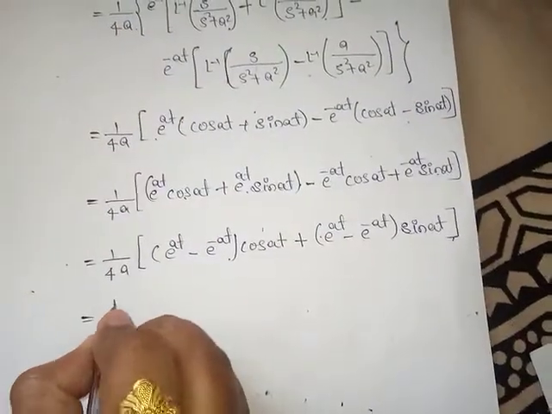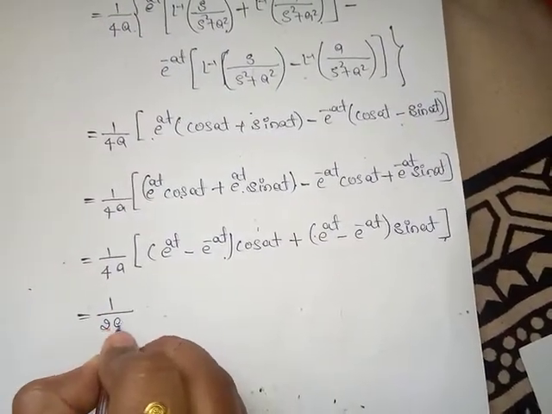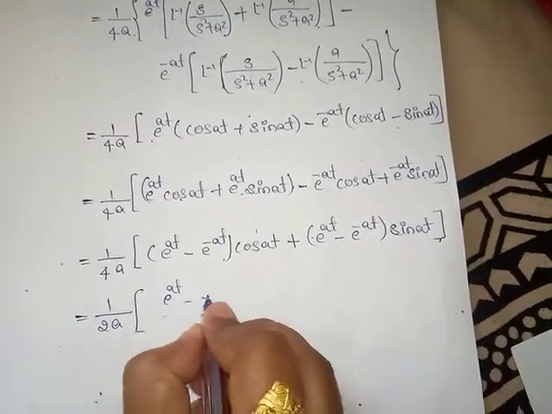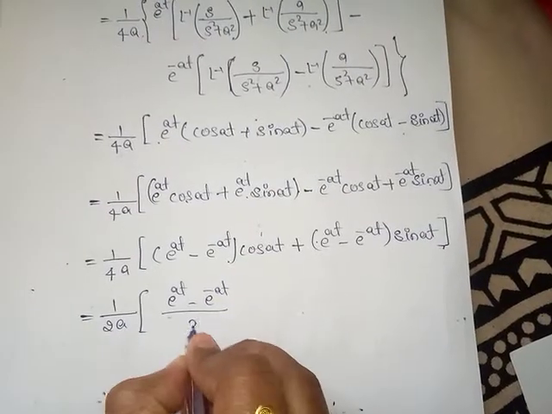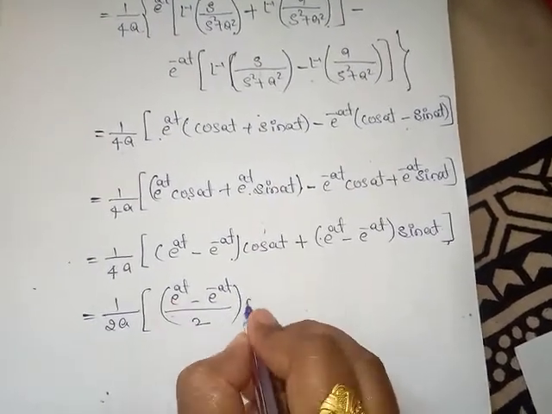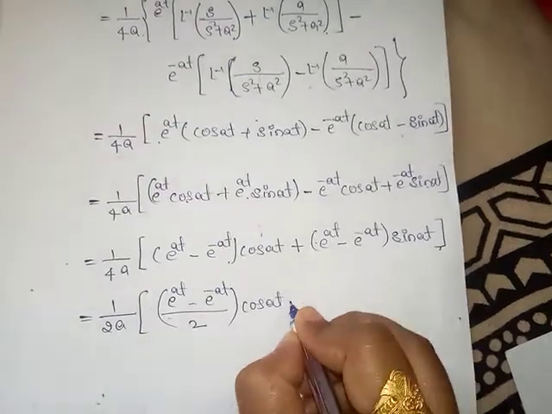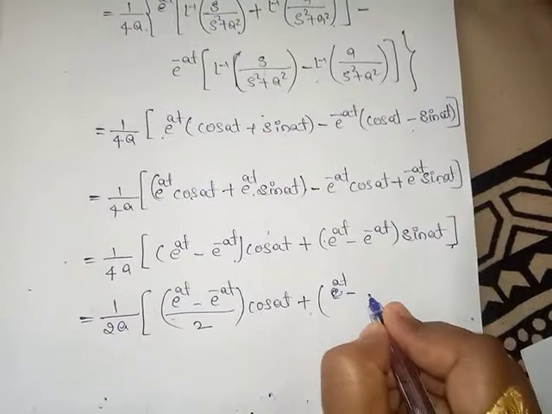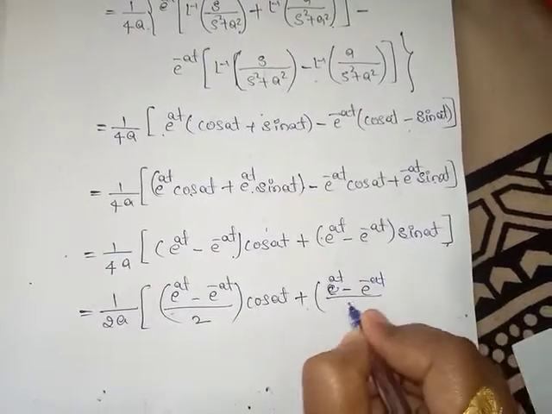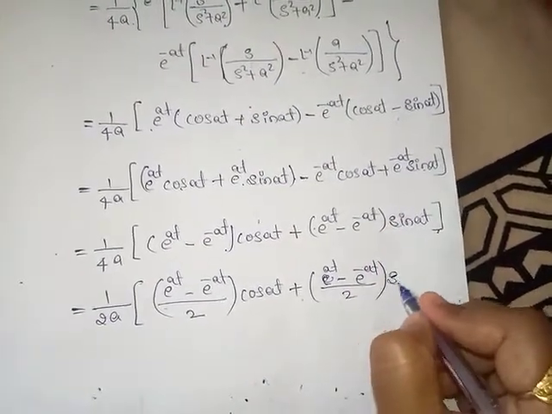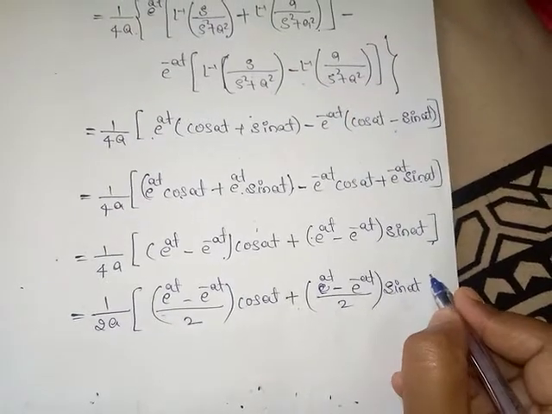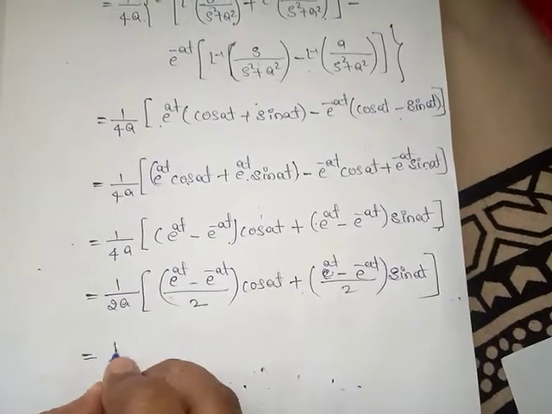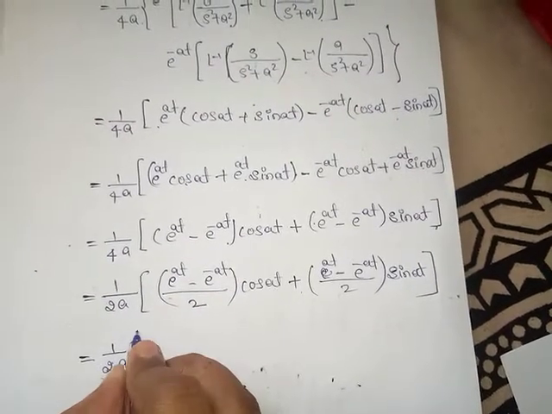Now in this 4a I will take 2 inside, it will be e raised to at minus e raised to minus at divided by 2 into cos at plus e raised to at minus e raised to minus at divided by 2 into sin at, which is equal to 1 by 2 remains as it is.